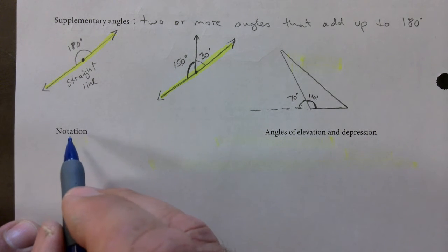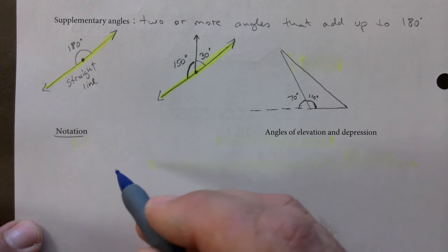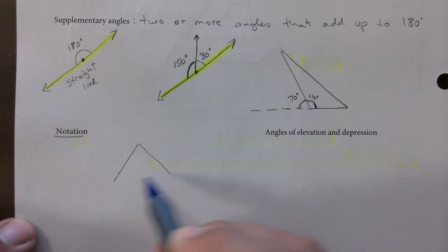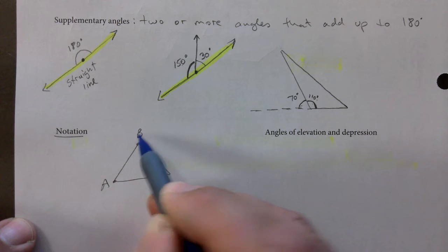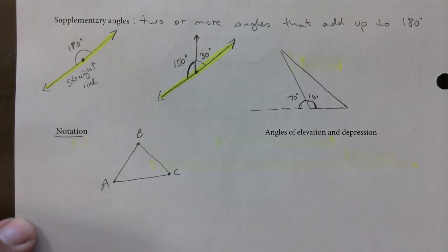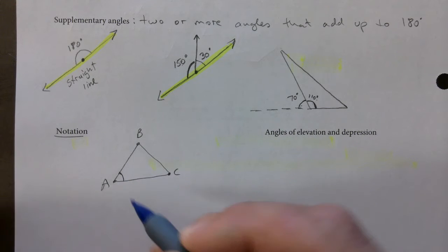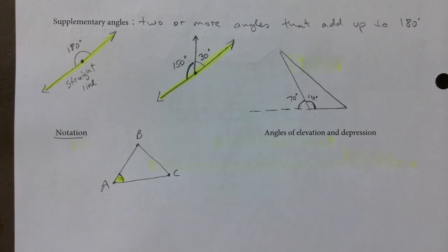So what about here? Notation. I'm just going to talk about the fact that if you have a triangle and you want to refer to this angle right here, so angle A in this case, we have at least two ways to refer to it. Okay?